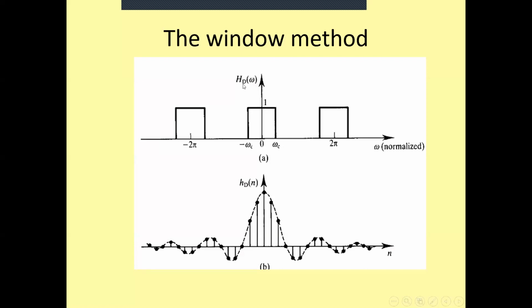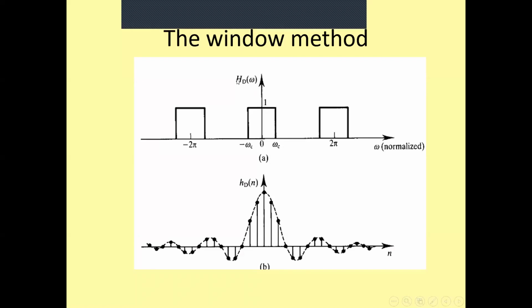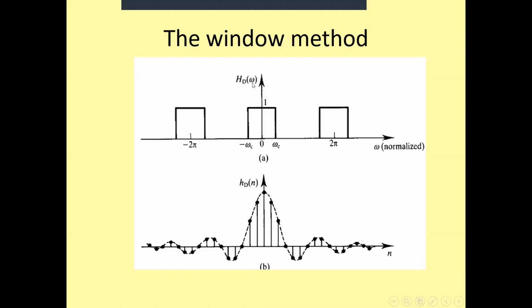As you can see, this will be HD of omega. Okay, this is HD of omega, as you can see. Now its inverse will be HD of n. Now, before performing the integration and obtaining the result, look, please.